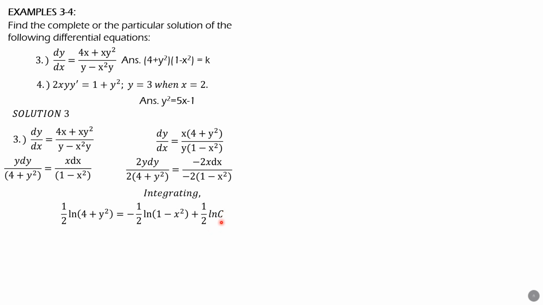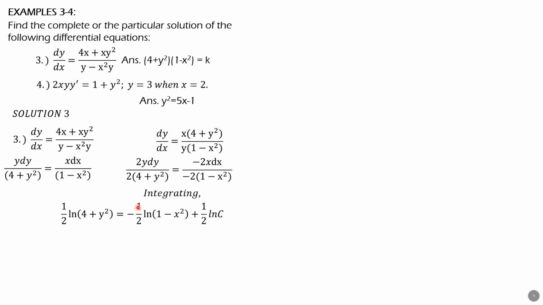But if you just call it k, there's no problem. As long as it is the solution to the problem, it is the complete solution here, because it involves that one arbitrary constant.